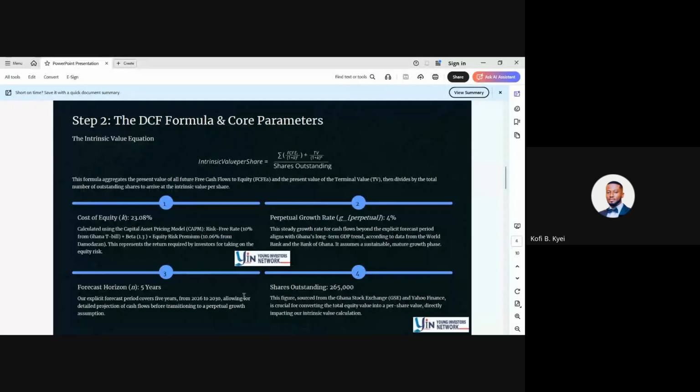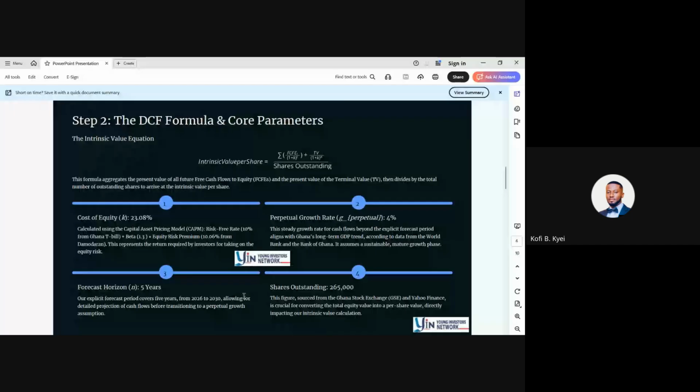Now, first, let's pick our cost of equity. Cost of equity is very important in these calculations. Because we are dealing with stocks, we are looking at what investors are expecting to get. In the last presentation, I explained that the cost of equity figure is the expectation of investors.